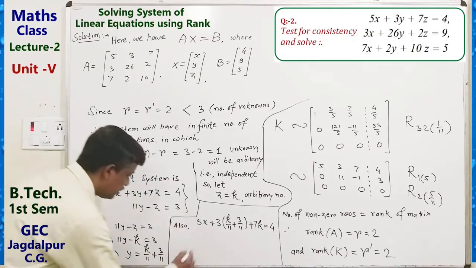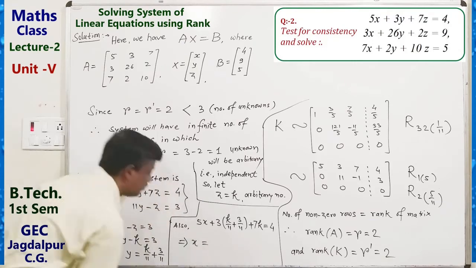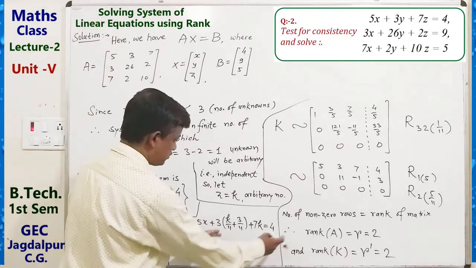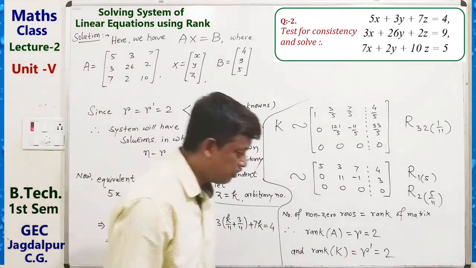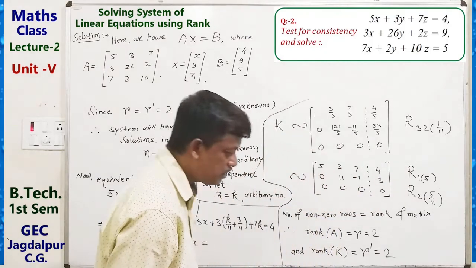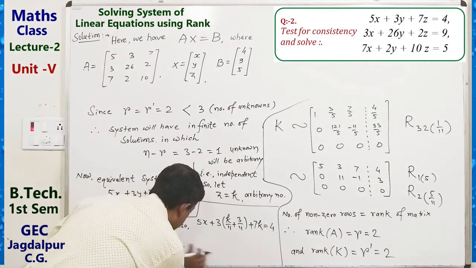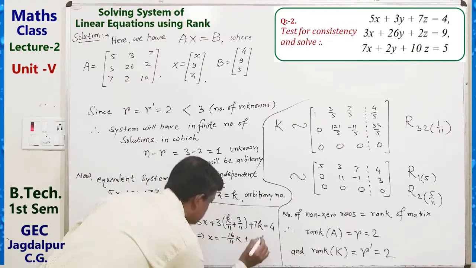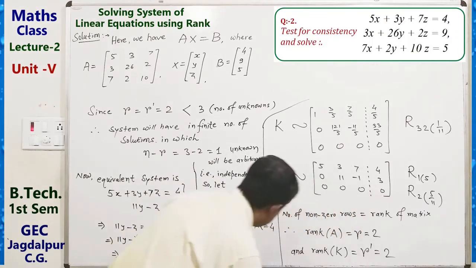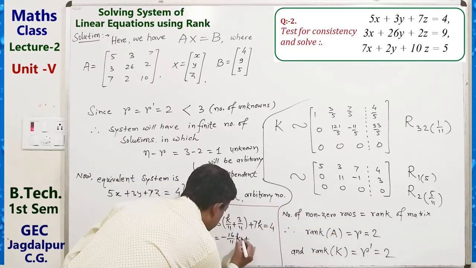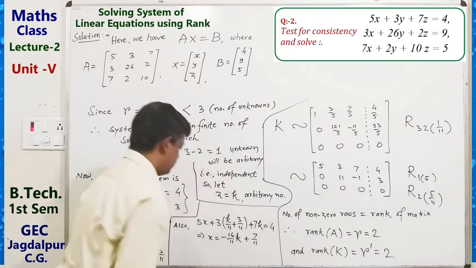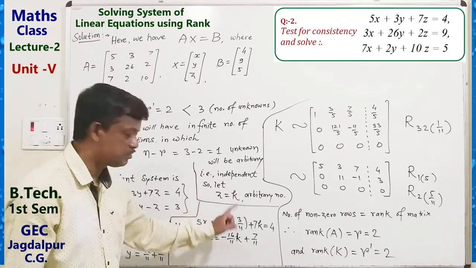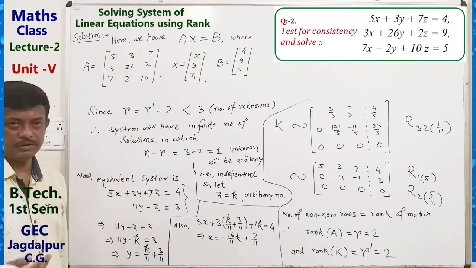Now solving it, we can write x equals, transferring to the right-hand side and solving, you get the value as minus 16 by 11k plus 7 by 11. So this is the value of x. So x in terms of k, y in terms of k, z in terms of k.